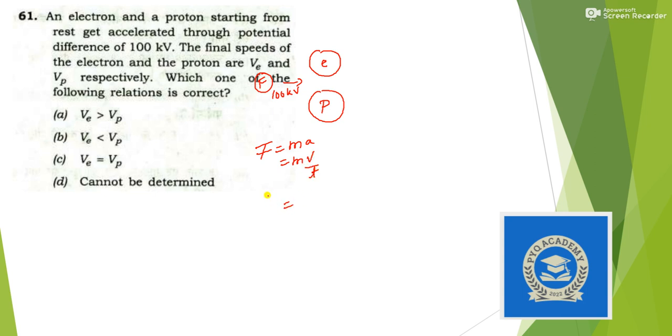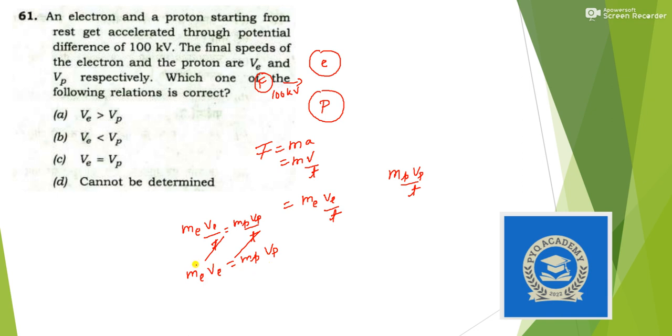For the electron it will be me ve by t, and for the proton it will be mp vp by t, but the force is the same, so we can write me ve by t equals mp vp by t. We can cancel t because the time is the same. So now me ve equals mp vp.